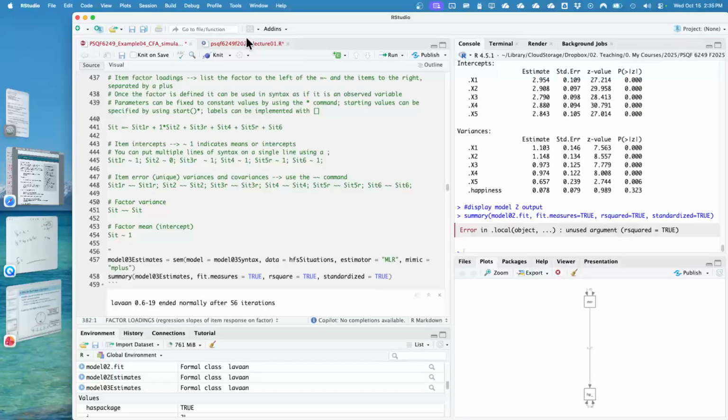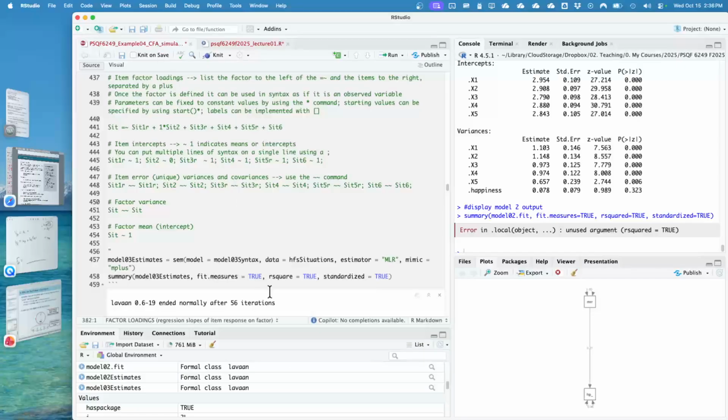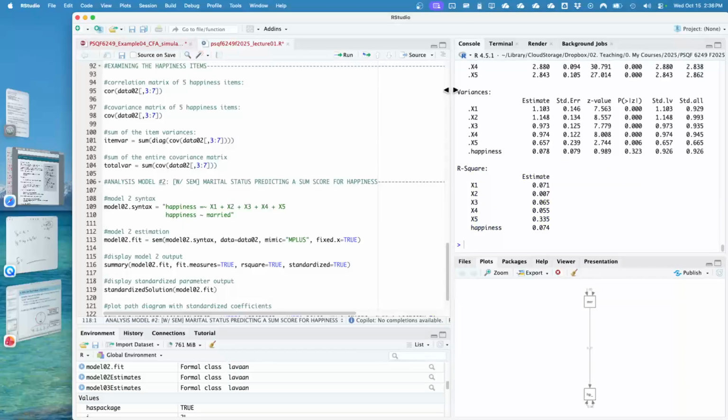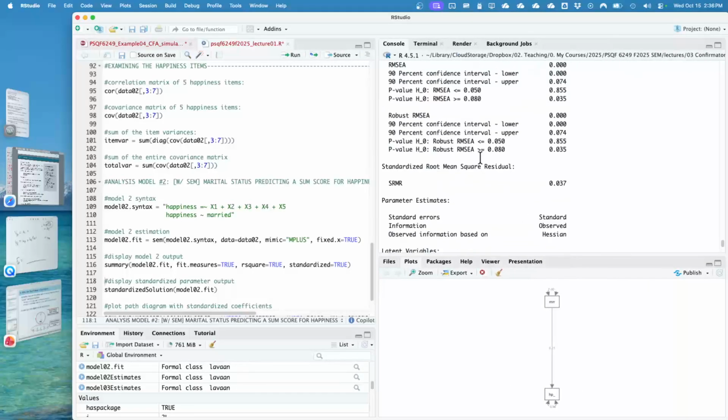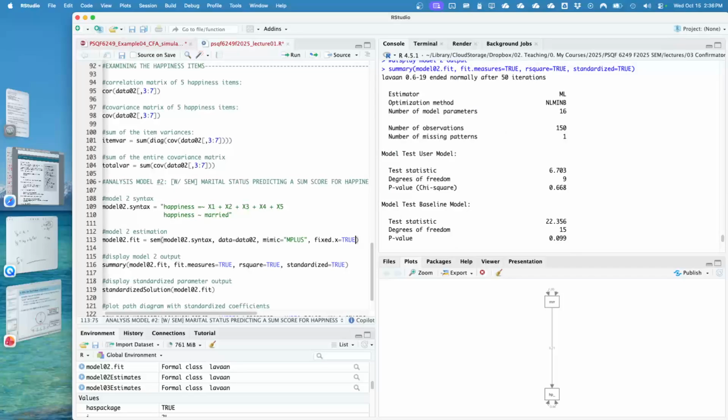R squared equals true, standardized equals true, fit.measures equals true. Oh, that's right, you're on model 2. R squared. Sorry, thank you. Okay. Here we go. And let me fit this with MLR so it looks the same.